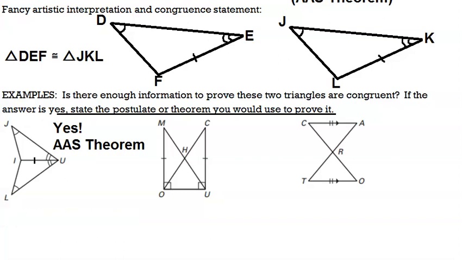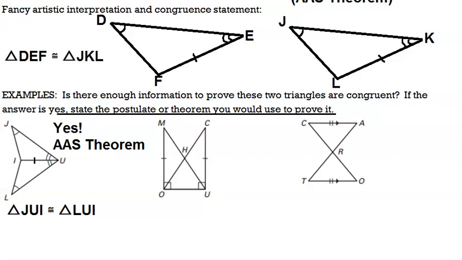So if I would have changed up the whole thing and I would have said triangle UIJ, it would not have mattered. So I'll go back to what I had so you don't have to erase. Triangle JUI is congruent to triangle LUI, because again, we have to match up corners here.